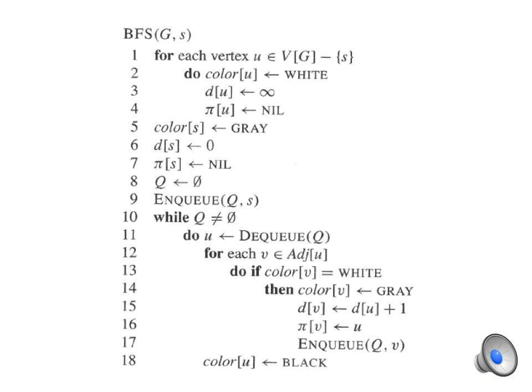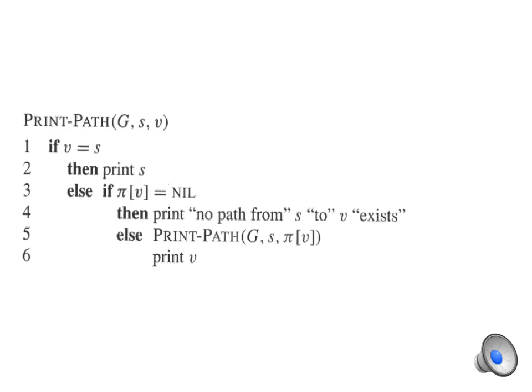Unless and until there are no more adjacent edges to that particular node, this goes on, and later on it is made black. Now next, this is how to print the path. Print path G comma s comma v. If v is equal to s, if the current node is equal to s, then print s.